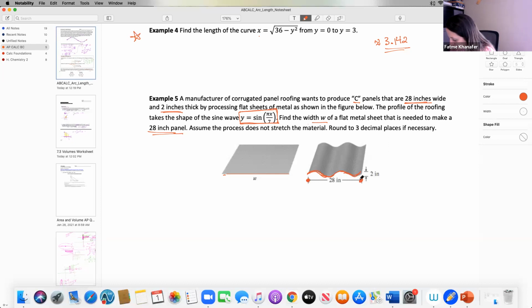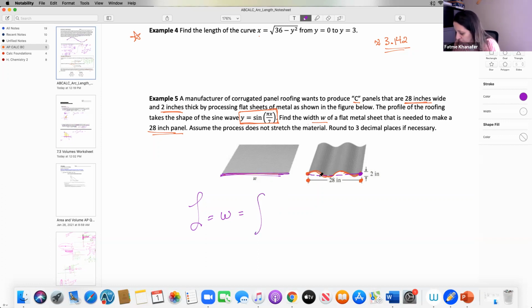Now this 28 is basically the distance from this point to this point, a straight distance. We want the length of the arc. So in this case, the length of the arc is actually representing the width of the flat sheet, if we stretched it out. So as soon as you understand that, then the rest is easy.